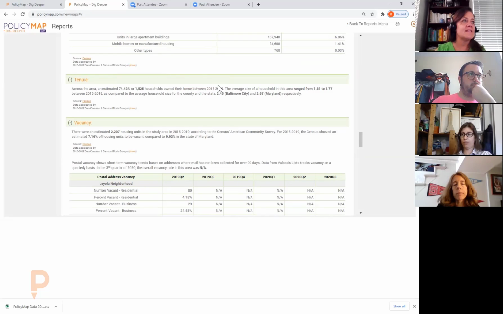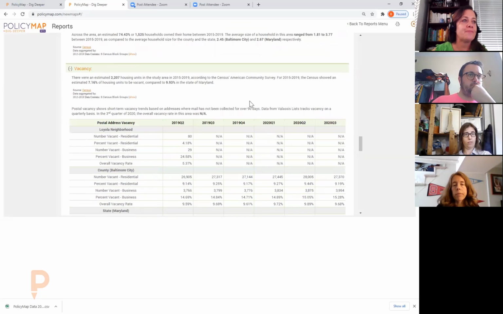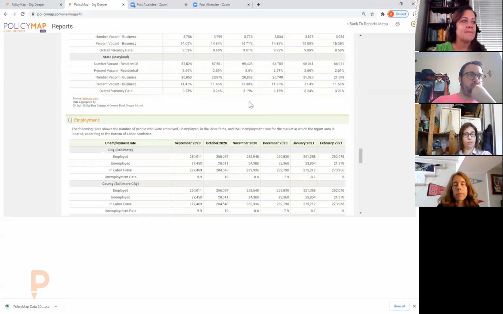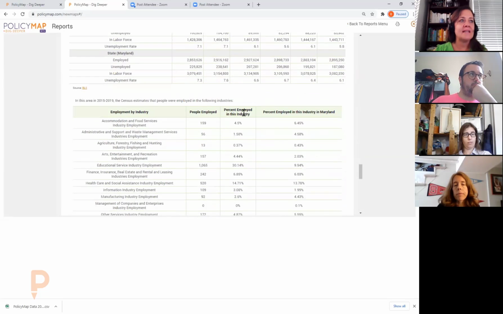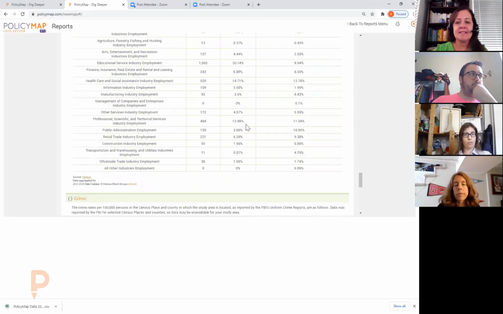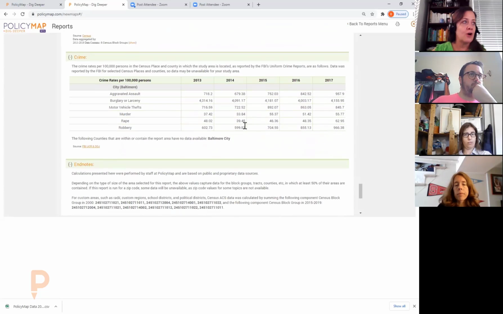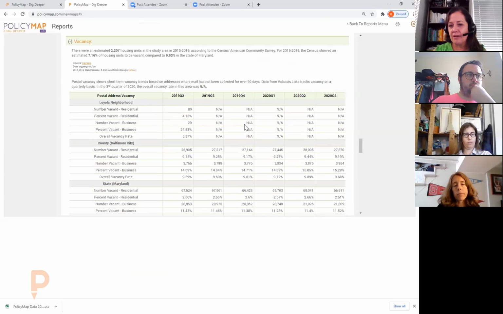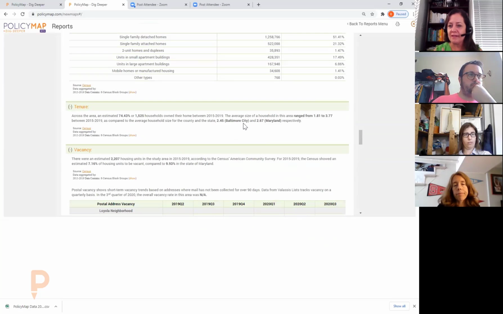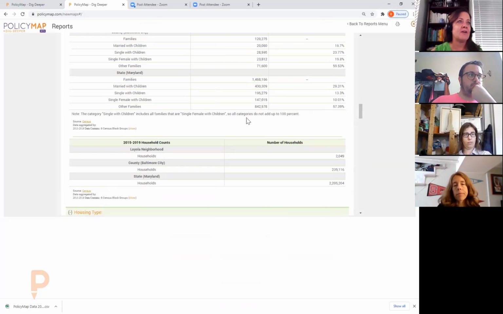So in this area, almost 75% of the households own their home. And vacancy data, and data about employment and unemployment and what industries the people who live in this neighborhood are working in. So you can see this is a nice starting point for anybody who's just trying to figure out what's happening within a specific area.